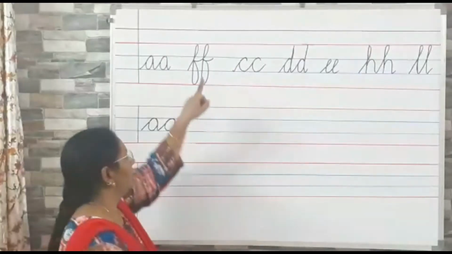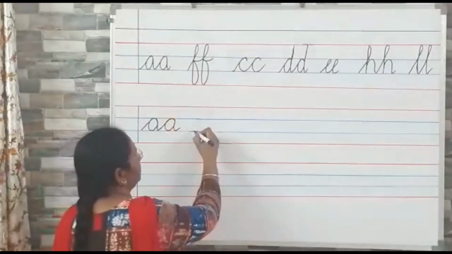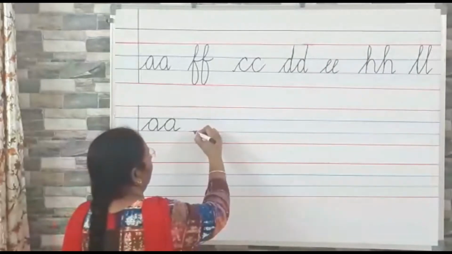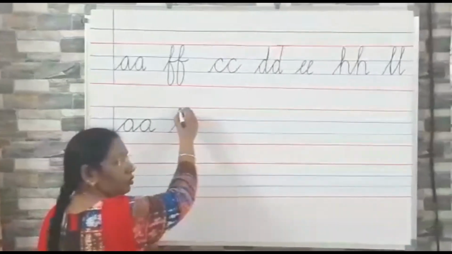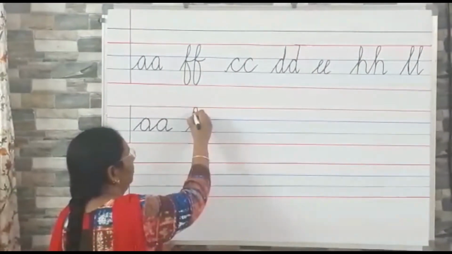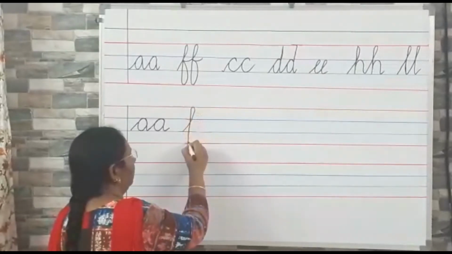Okay? Now the next letter is F. For this, keep your pencil on the second blue line. Which line? Second blue line. And draw a slanting line. Go up. Children, you will not lift the pencil up. Okay? Then make a loop. Come down, down, down till the red line.